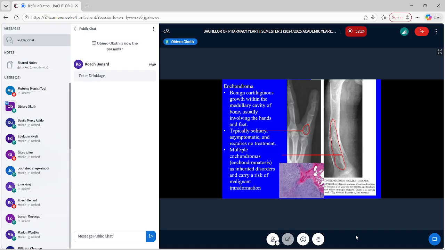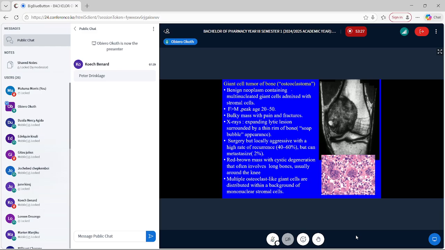Benign cartilage. Okay. Giant cell tumor, basically it has too many giant cells. That's why it's called a giant cell tumor. It's like it has too many osteoclasts, so they are osteoclast-like giant cells. It's a benign neoplasm, but it can be aggressive. This is the tumor. Female more than male, peak age around 20 to 40 years, a bulky mass with pain and fractures.